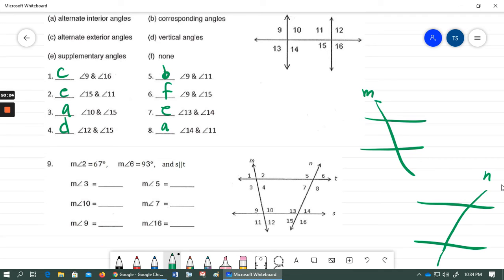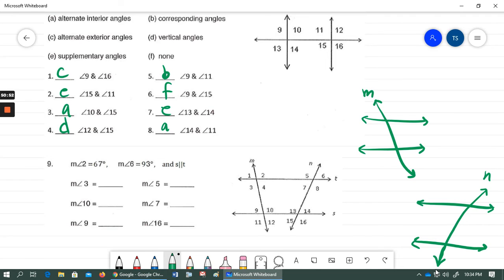So, folks, you're going to need to look at those two transversals separately, and at the angles formed with each separately. That's why I'm drawing two separate diagrams here. You'll need to ignore one of the transversals to look at the other.